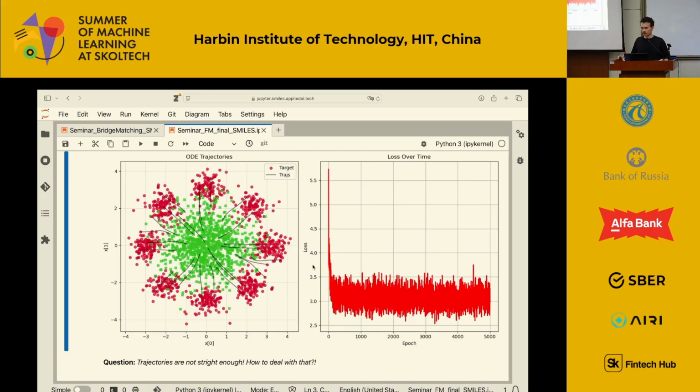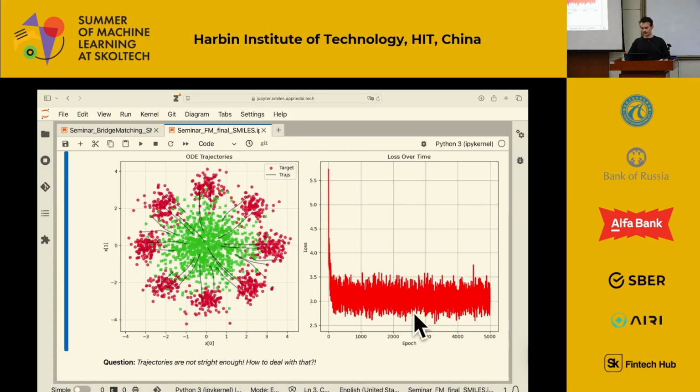And here you see that the loss has converged, and it is not 0, it is somewhere around 3. And actually, this may be almost the optimal value for this regression problem. Why? Because the optimal value of this regression problem doesn't have to be 0. In general, it is greater than 0.